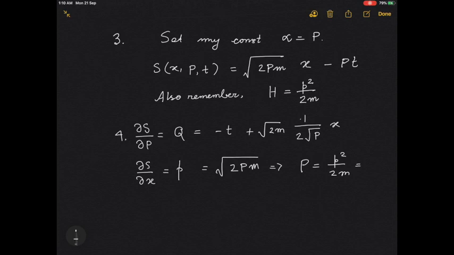So this implies, you see, that P is nothing but p square by 2m, which is the Hamiltonian.